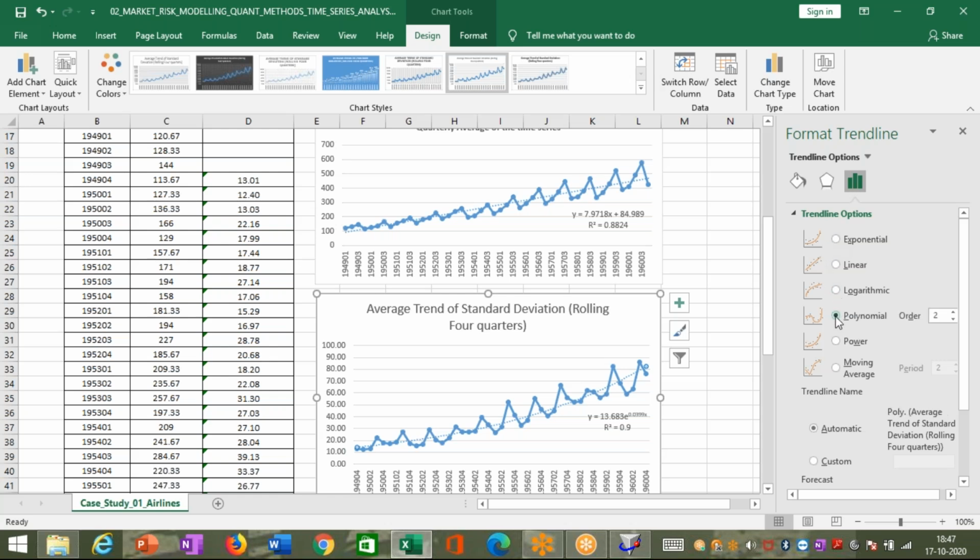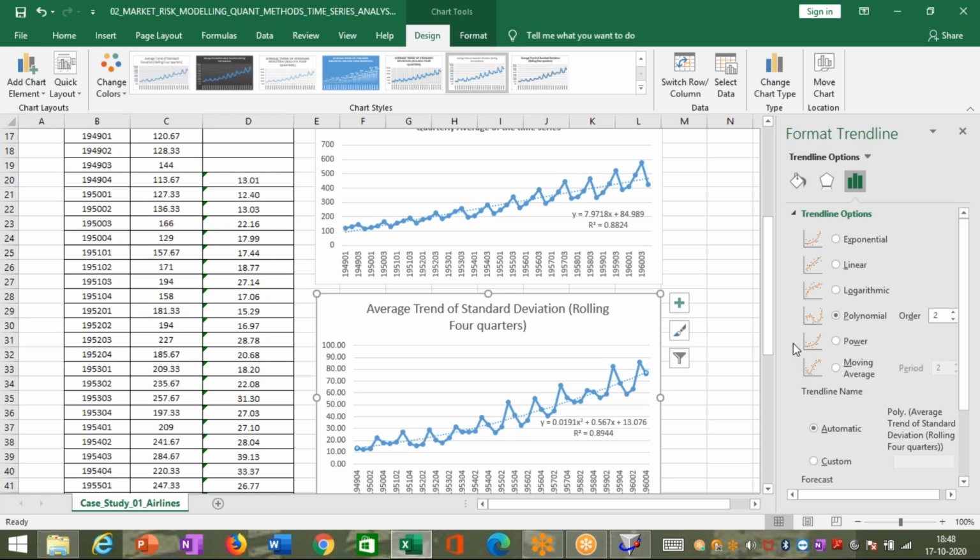The next part I have over here is the polynomial of order 2. The polynomial of order 2 fit gives me an 89.44% fit, but that is still marginally less than the exponential fit, right?